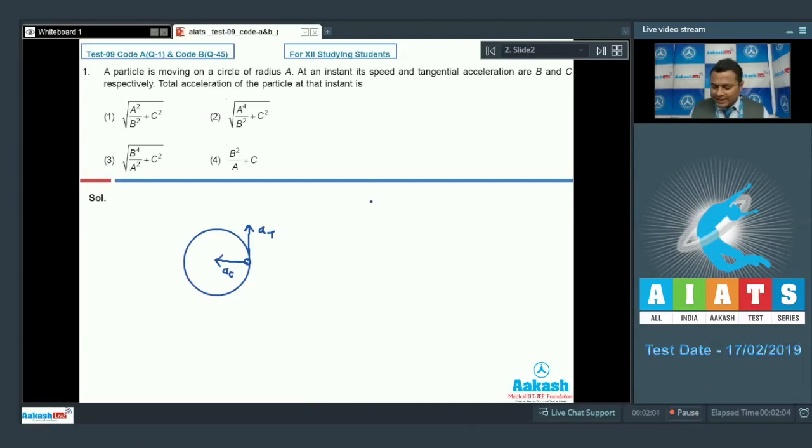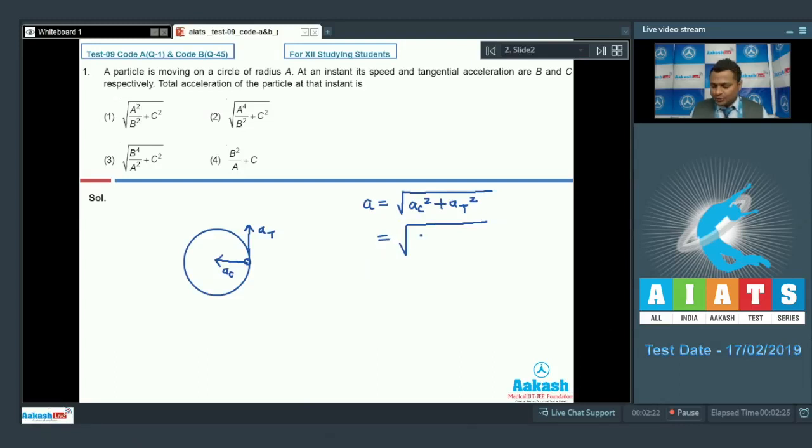So the net acceleration a will be given by, since two perpendicular vectors are added, the formula square root of a_c squared plus a_t squared.